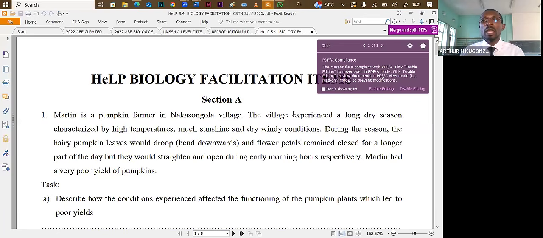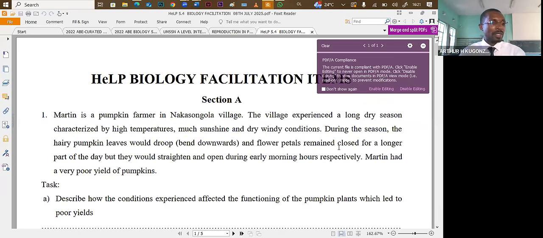Now, this is our first item. What is the item saying? For every session, we are going to read together the scenario for you to be able to comprehend it.